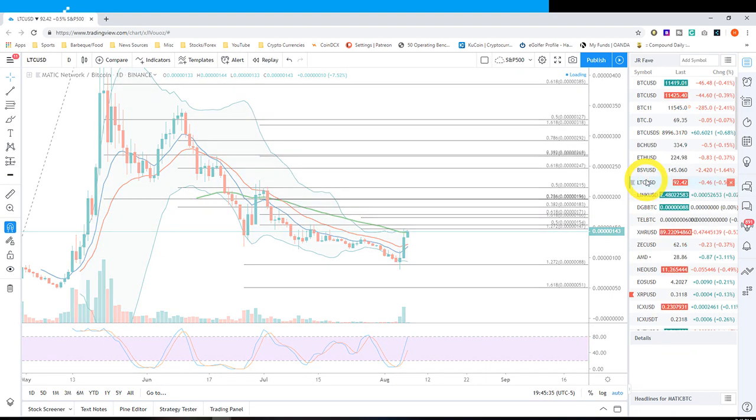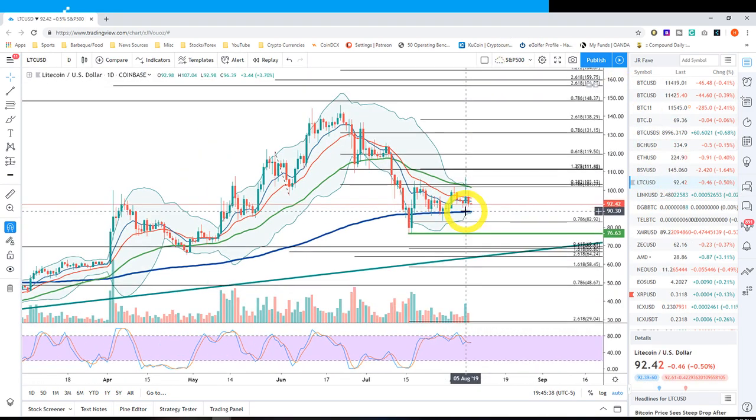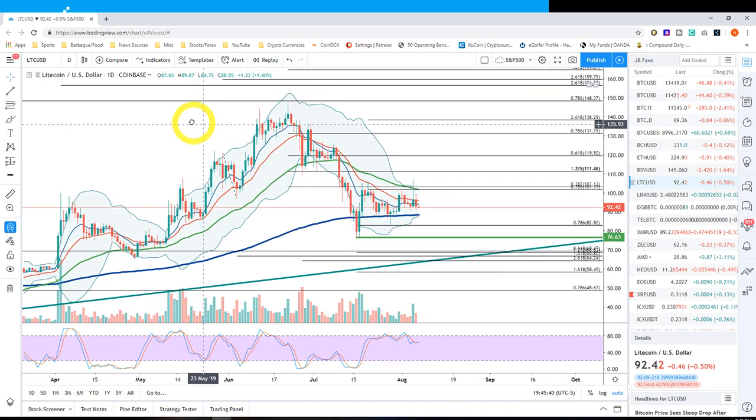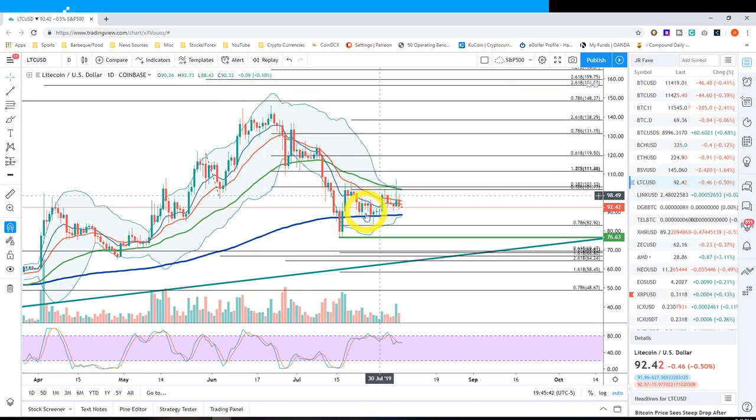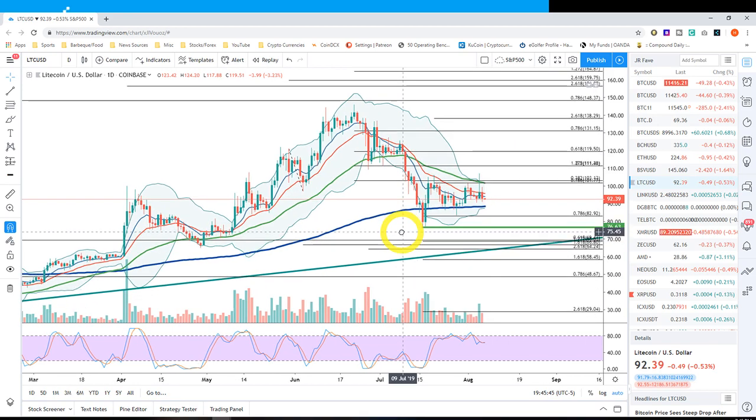Let's go look at Litecoin. Oh, goodness. Oh, one. Okay. Interesting. I may have to check that one out. Litecoin, as long as it can hold the 200-day moving average, it's got a chance.